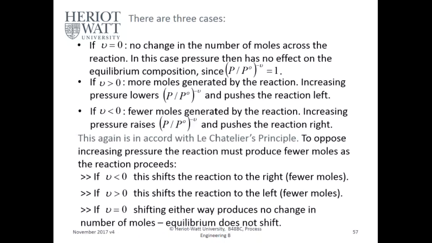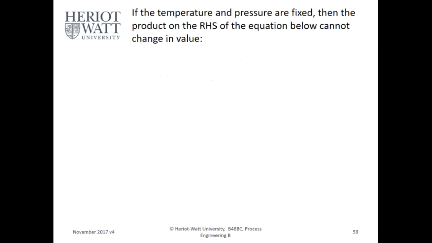And if V equals 0, shifting either way produces no change in the number of moles. Equilibrium does not shift. That's an important concept to remember for many years to come. If the temperature and pressure are fixed, then the product on the right-hand side of the equation below cannot change in value.